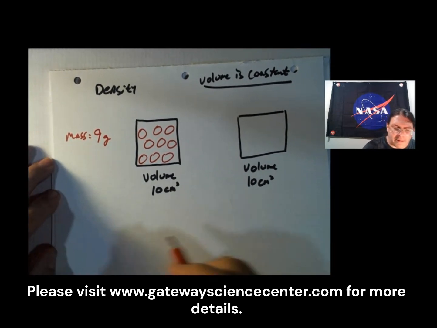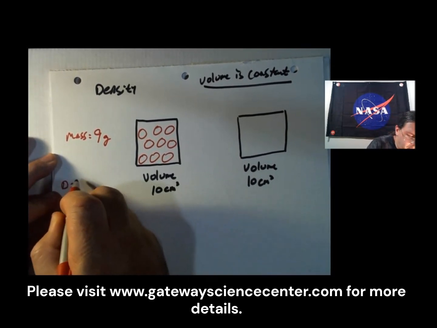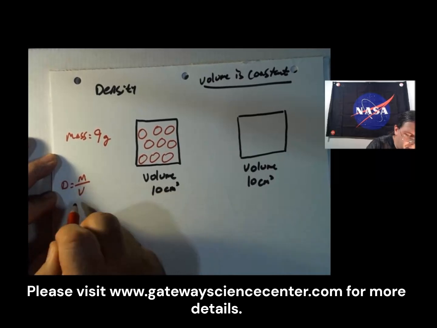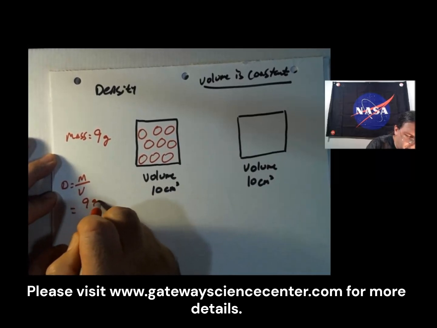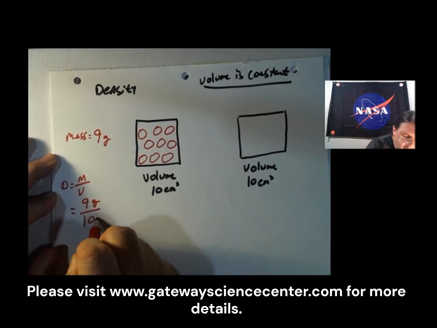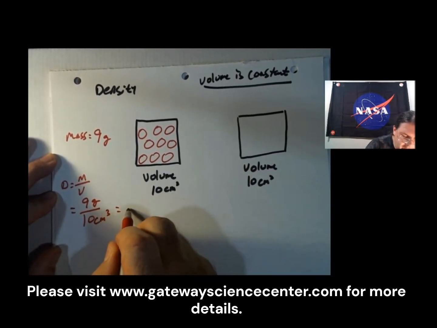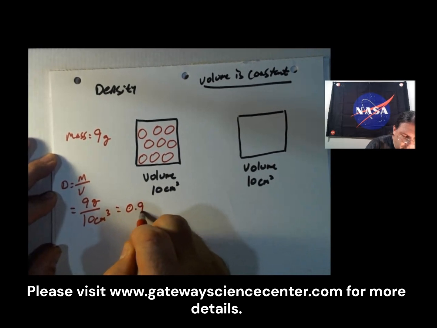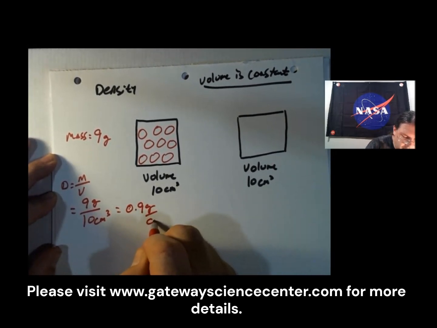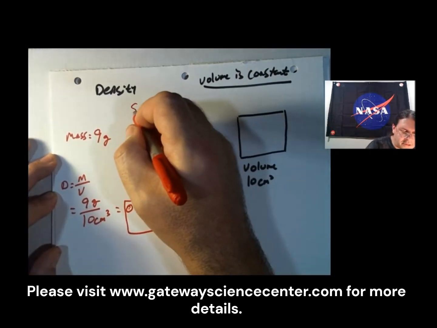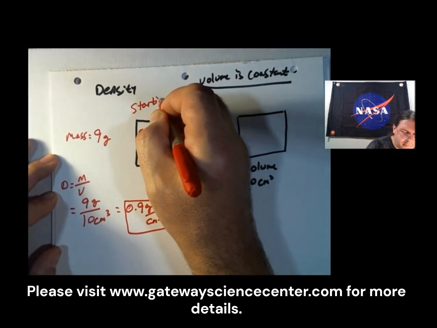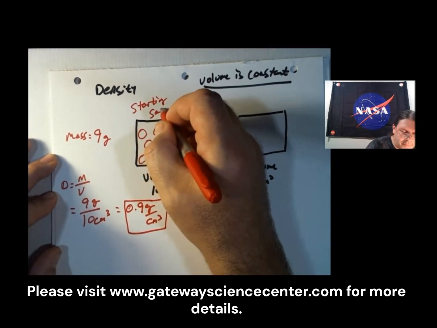And I want to calculate my density. So density is mass over volume. So that's 9 grams over 10 centimeters cubed. That means my density is 0.9 grams per centimeter cubed. So this is my starting mass, or starting sample.